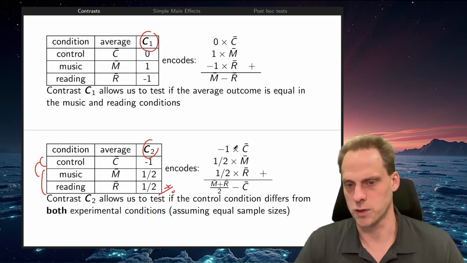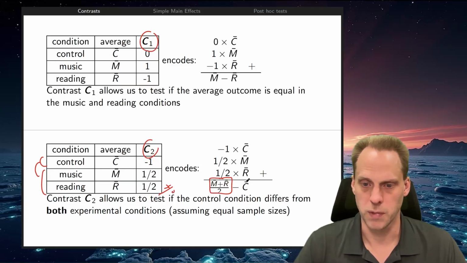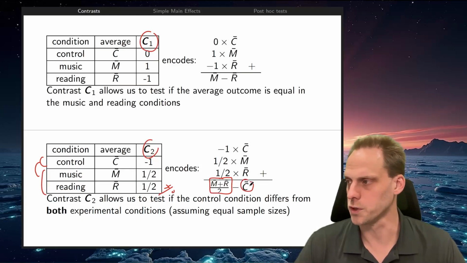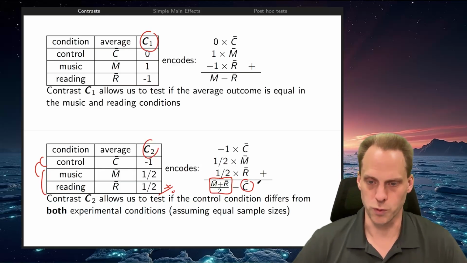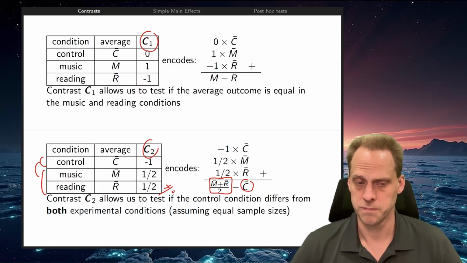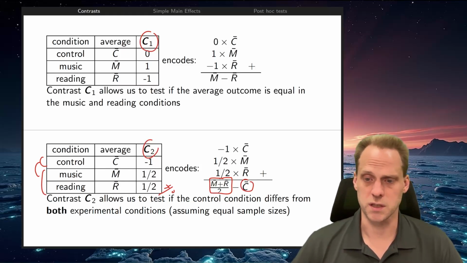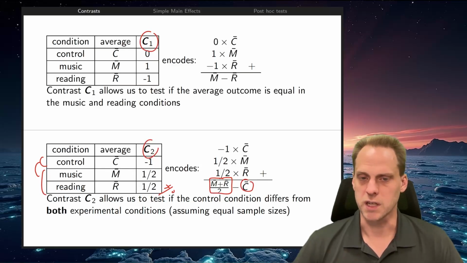So basically what contrast am I specifying? The average of the music and reading conditions minus the control condition. If that equals 0, then we know that the control condition on average does not differ from the experimental conditions. And that allows us to test the effect between the control condition and both experimental conditions at the same time.